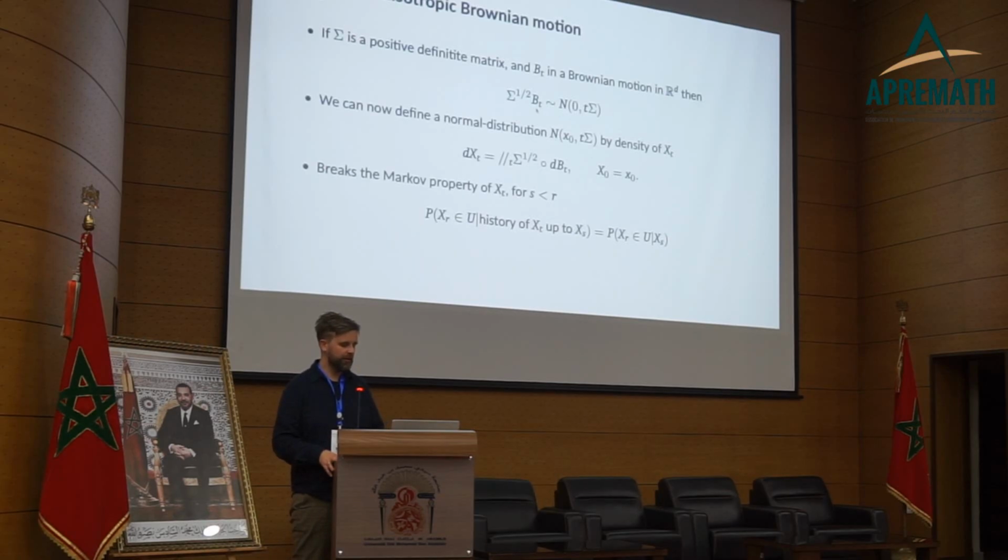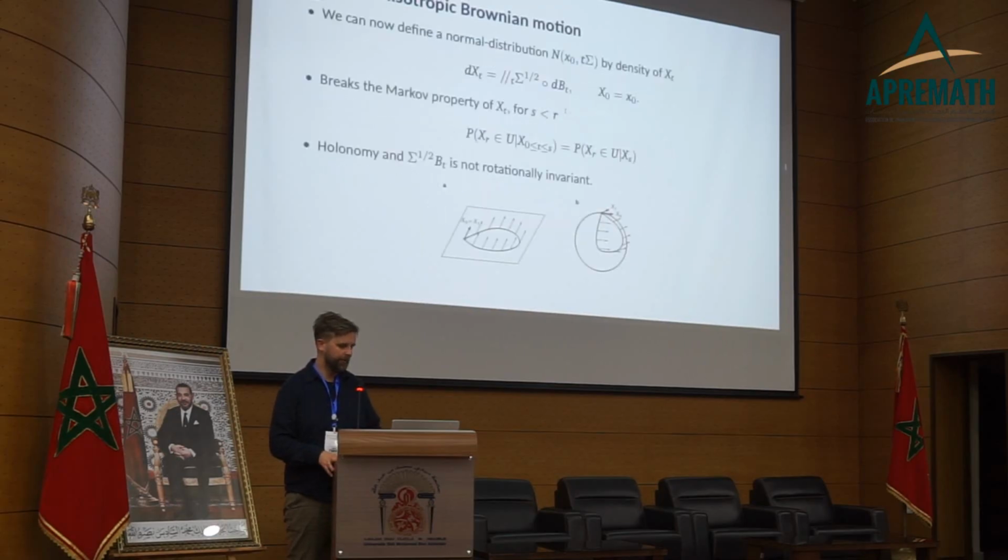And introducing something like this actually breaks this property because of holonomy. Another way of viewing what it means to be flat or non-flat is if you do parallel transport along a curve, does it give you the identity every time, or does it give you something else?